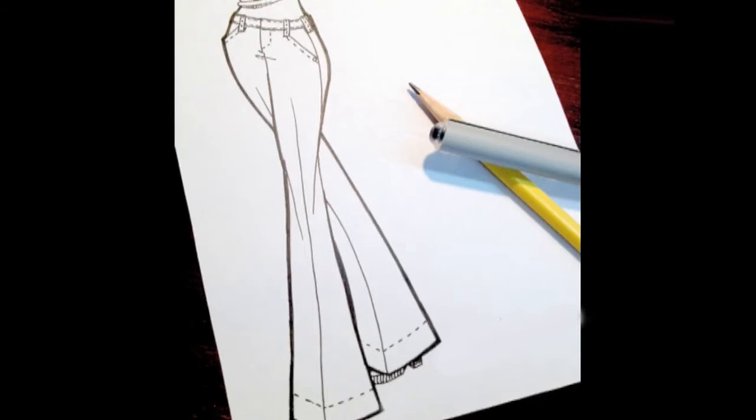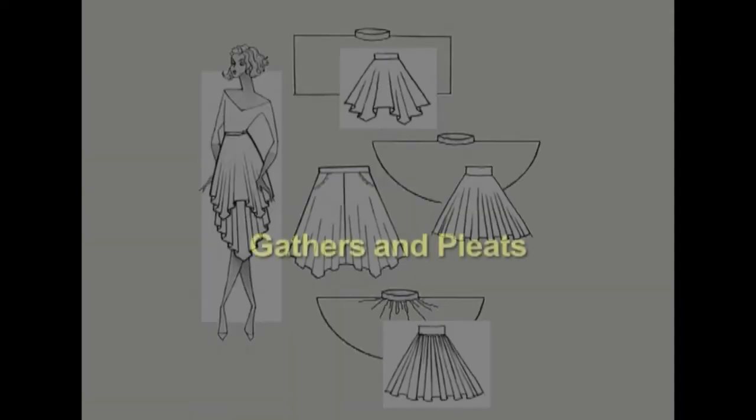Now, once you achieve the shape of your skirt and trousers, erase off your guidelines to finish off your skirts and your trousers. Now, let's look at how we can draw various gathers and pleats on a fashion figure.